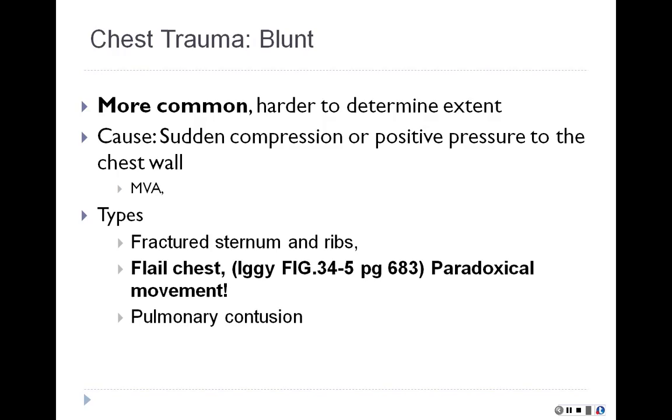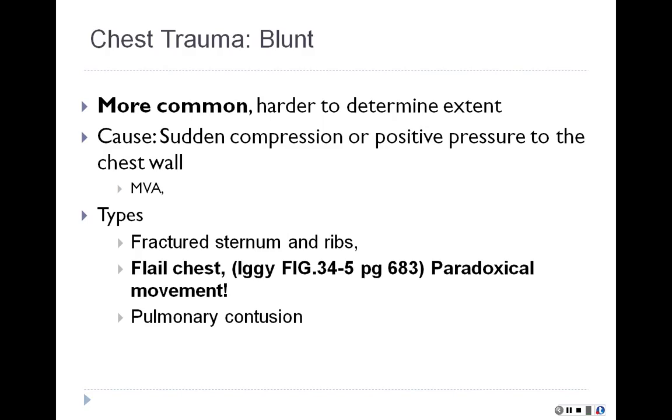With the flail chest, you need to go to that box, figure 34-5, to look at that. What happens is several ribs are fractured, and often it may just be on one side, and it's certainly more common in the elderly, and there's a high mortality to it.